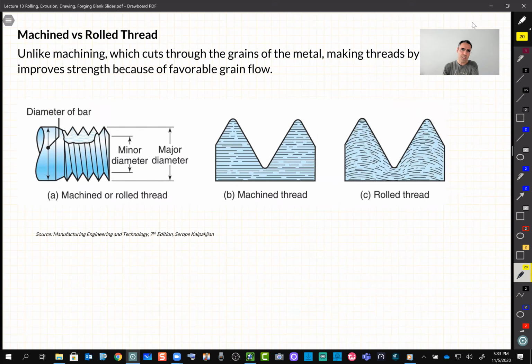And with the similar concept that I explained for that dumbbell, the idea of the grain orientation: if you think of the original grain for the raw material that we have, let's say a cylinder, and now you machine it, the orientation of the grains is going to stay the same.